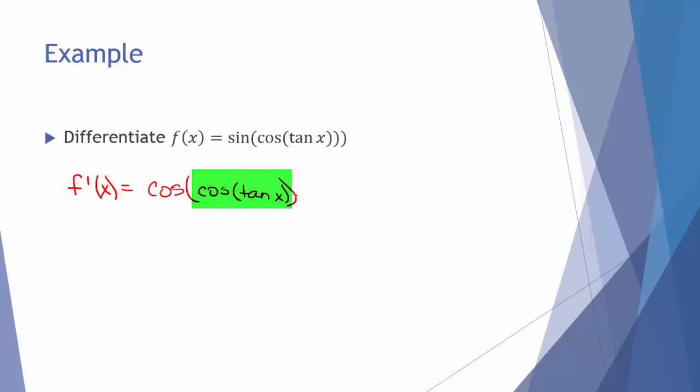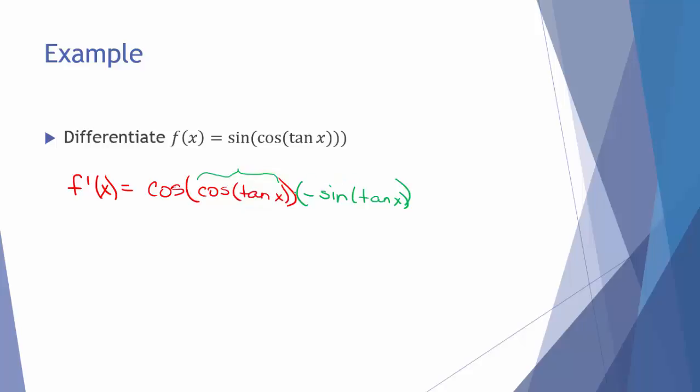Let me color code this a little bit. I need to multiply times the derivative of the inside function, which is now cosine of tangent of x. So its outside function is cosine. The derivative of cosine is negative sine, but you don't touch the inside function. You leave it evaluated at the tangent of x.